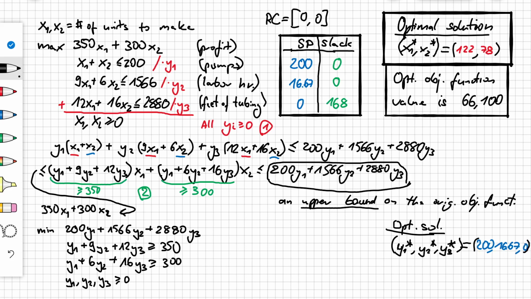These are exactly the same numbers as the shadow prices in our original model. The optimal values of the dual problem variables are the shadow prices in my original model. The optimal objective function value is 66,100, exactly the same.